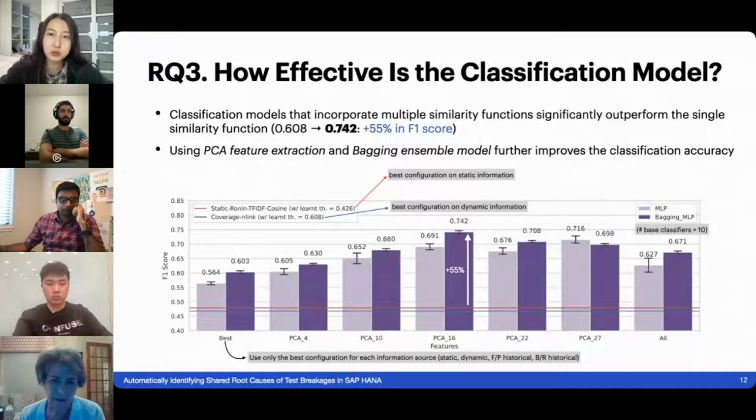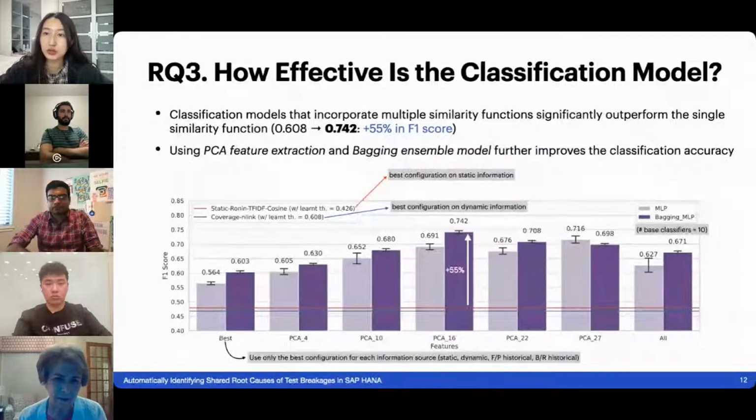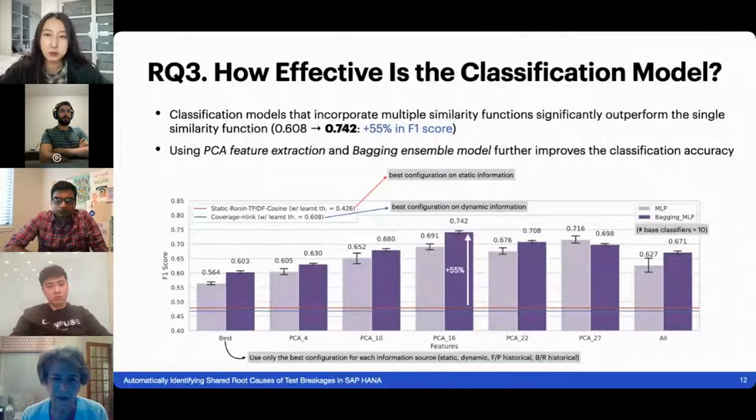We also confirm that the classification model outperforms all single similarity functions. The combination of PCA feature extraction and Bagging ensemble model was the best performing one among the various model configurations.